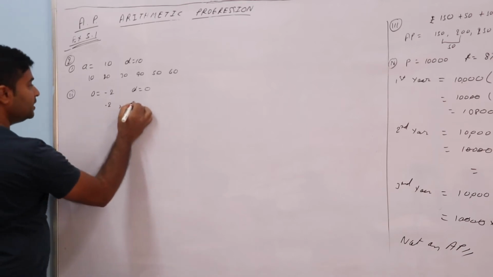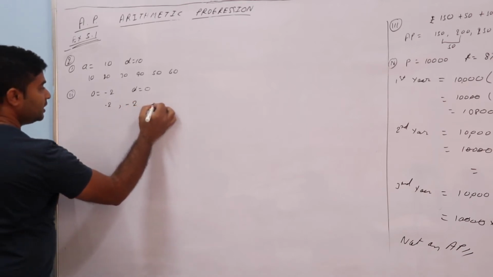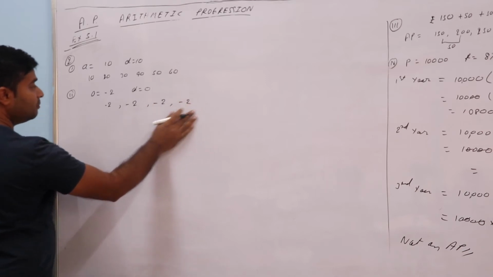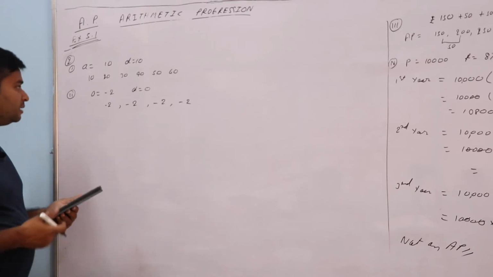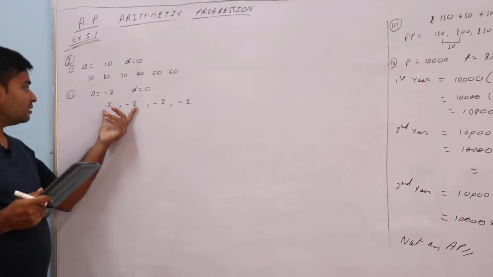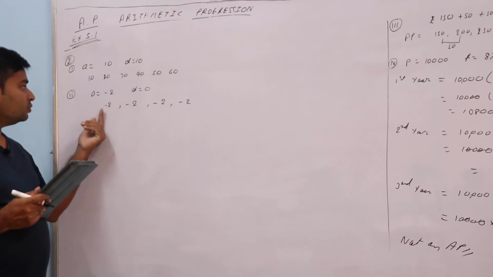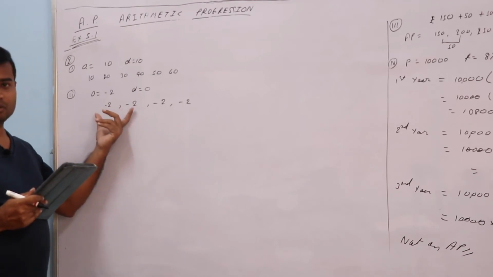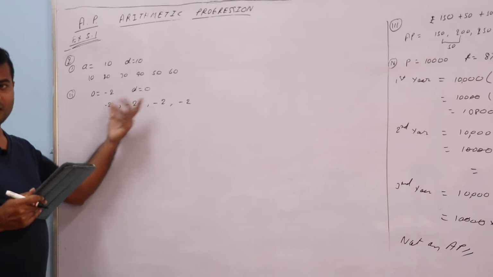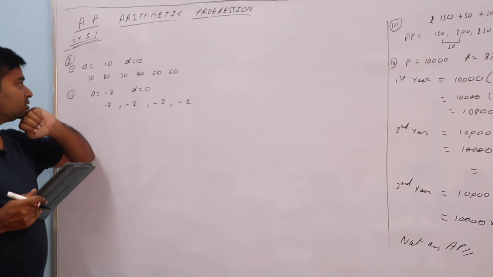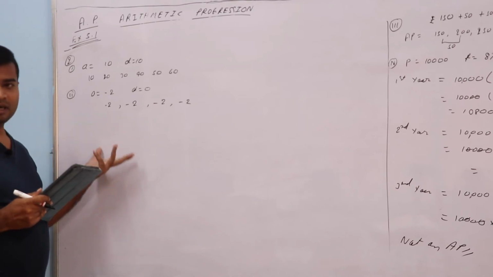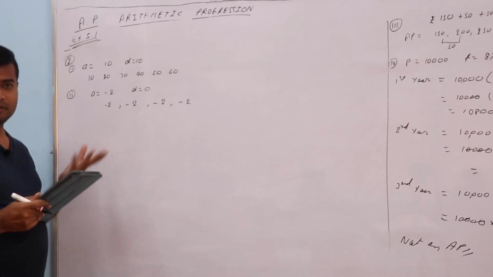So the next terms also will be the same. But this will not be an AP, because if you subtract, it converts to 0, and anyhow D is 0. Common difference can't be 0, right? But given means given. What can we do?